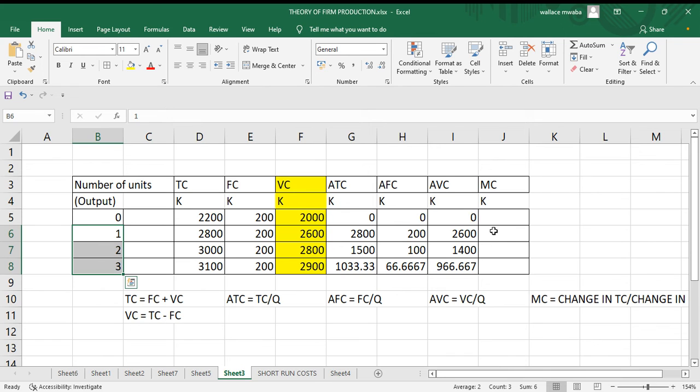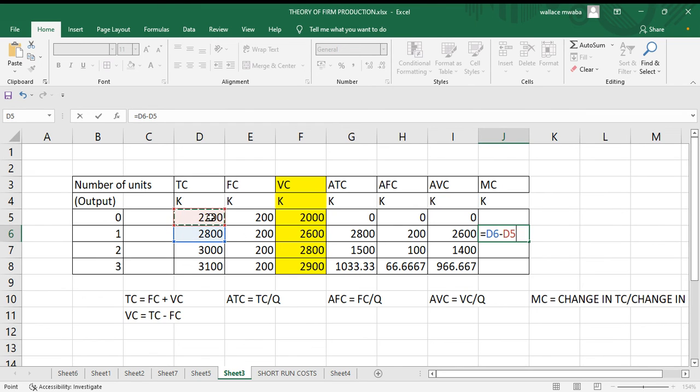Then we'll start. For 1 unit, we're going to say 2,800 minus 2,200. We get 600. For an output of 2 units, we say 3,000 minus 2,800.